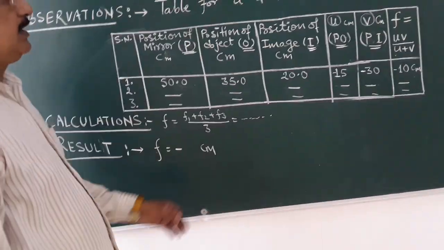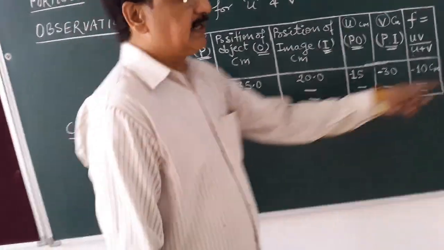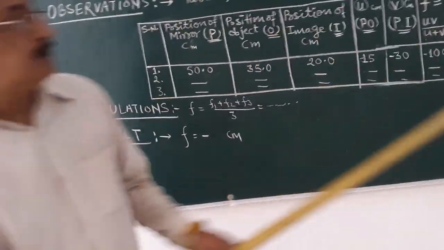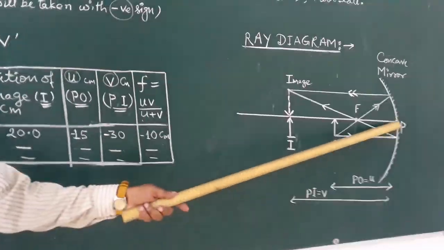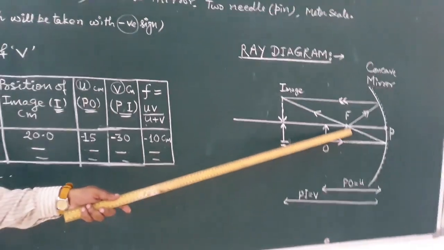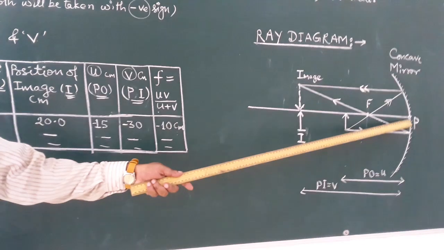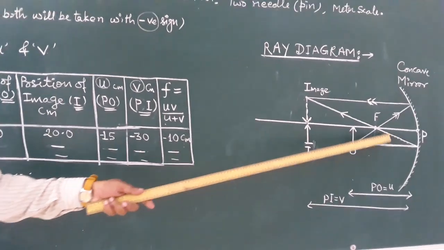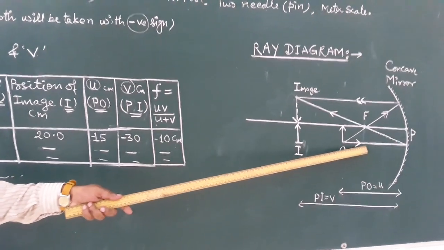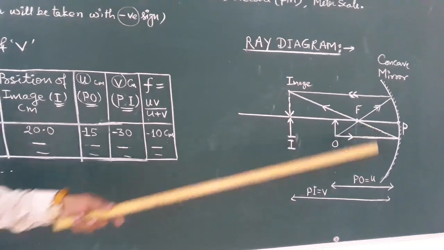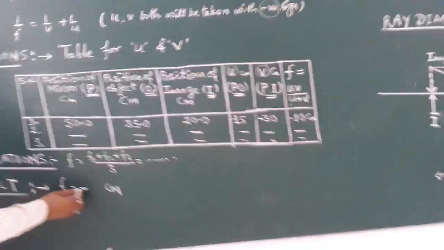Why minus? Because focal length of this mirror will always be negative. The distance between pole and focus is called focal length, and because it is measured pole to focus, meaning opposite direction to the incident ray, it is negative. So focal length is negative.